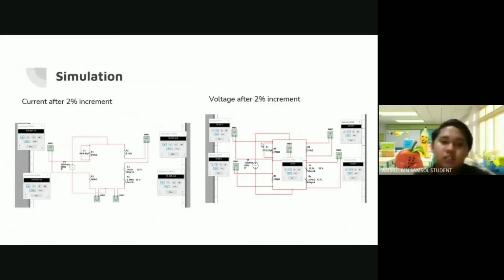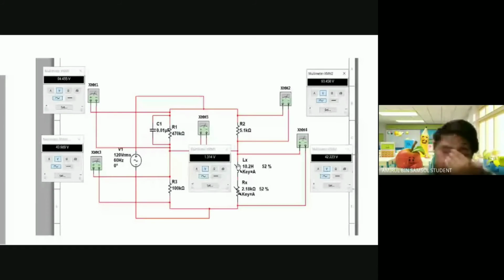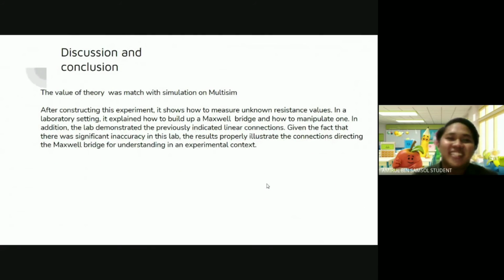This is because the flow of the current and the voltage has been directed more through the inductor and resistor. So the more current flows, the voltage and the current will change. For the discussion and conclusion, the theoretical values matched the simulation on Multisim.